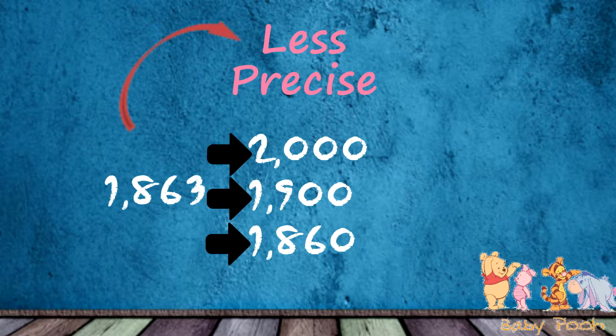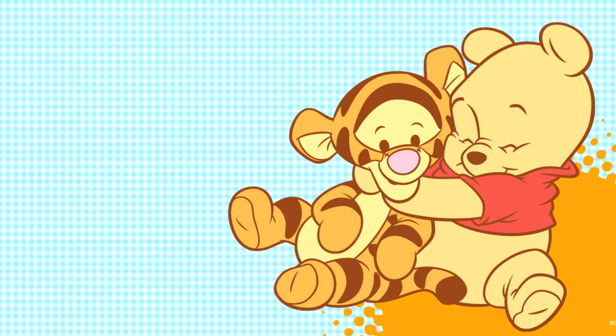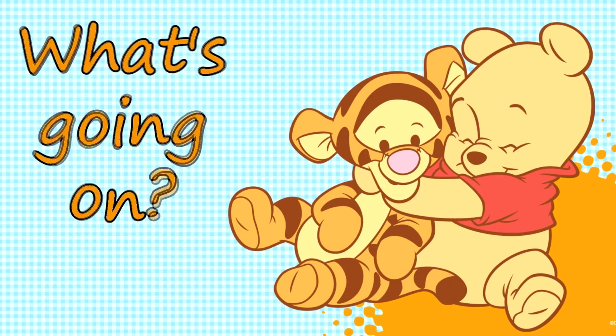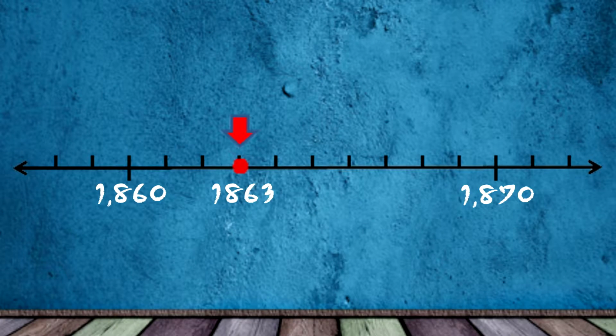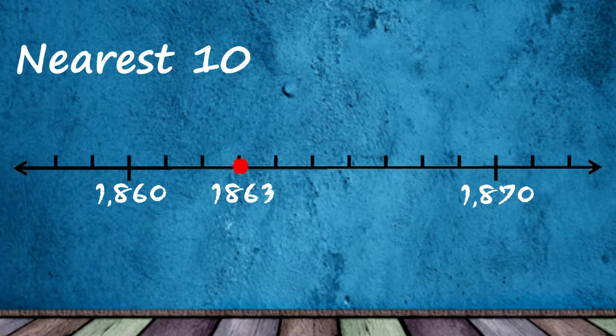And as you can see, there are usually multiple ways to round a number, depending on the level of precision that you need. A really good way to understand what's going on when you round a number is to look at a number line. Here, 1,863. If we want to round it to the nearest ten, we need to decide if it goes up to 1,870 or down to 1,860.